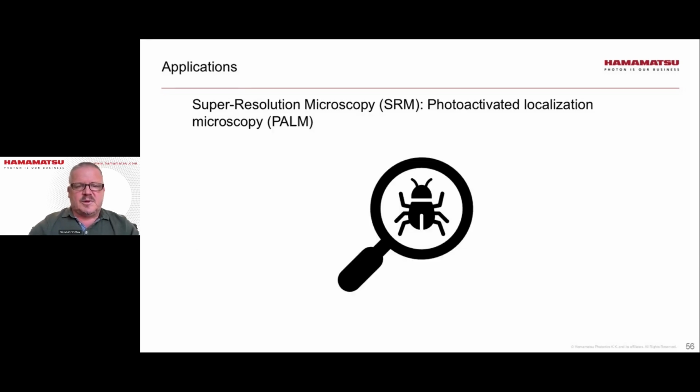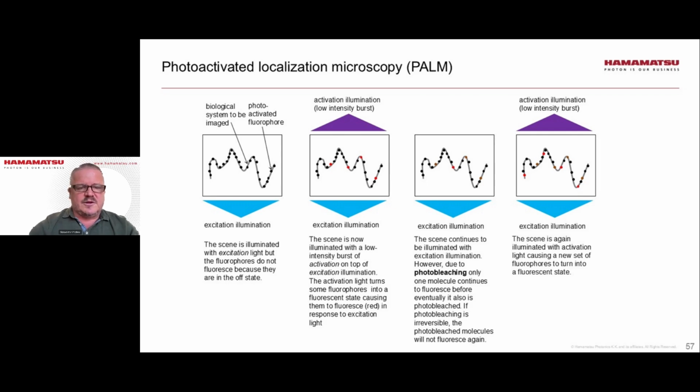Another interesting example is super resolution microscopy. By super resolution, we mean imaging where you can beat the diffraction limit in classical imaging. Here, a structure under investigation will have attached fluorophores, which then will be excited in such a way that only some of them are emitting light for a given excitation cycle.